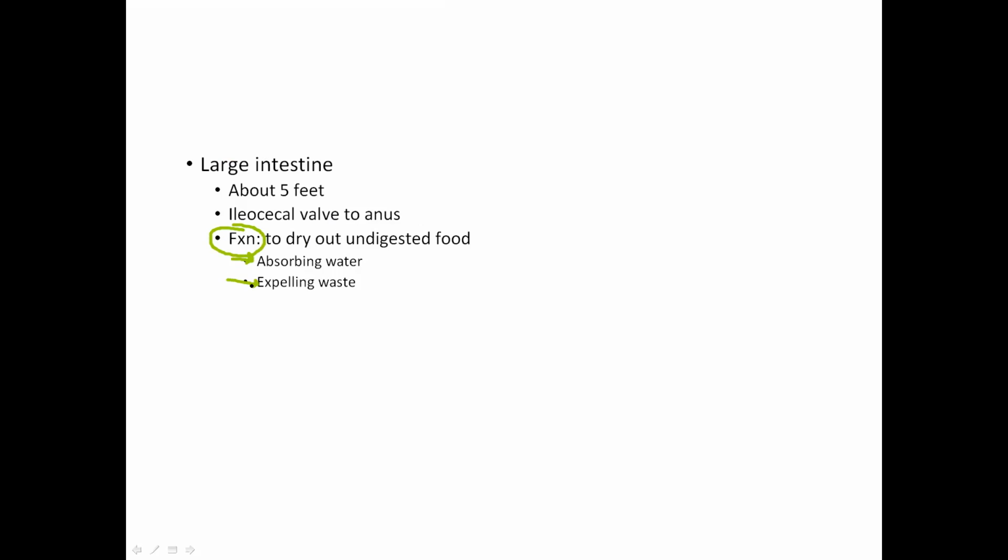Different things cause diarrhea: Cryptosporidium, different infections or whatever. But if a person is not absorbing water from the large intestine, it can lead to dehydration. So in other words, diarrhea, if it's prolonged, can lead to dehydration, which can actually create a lot of problems.